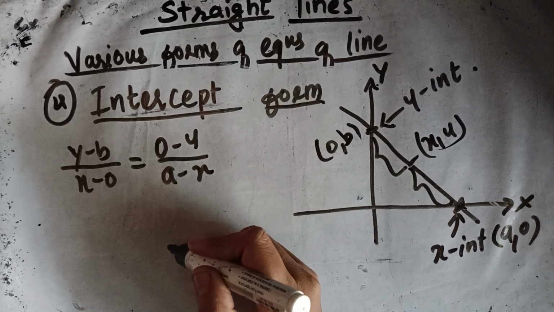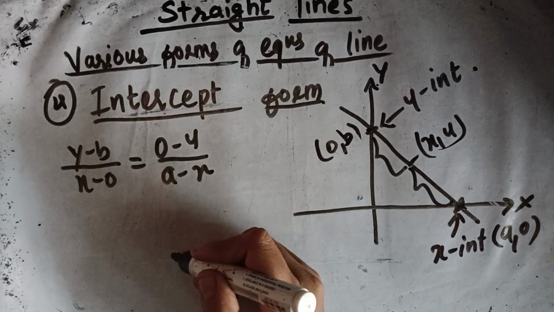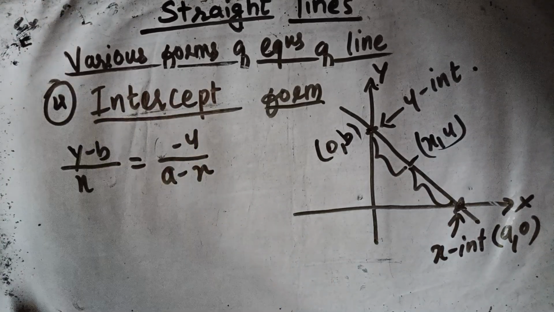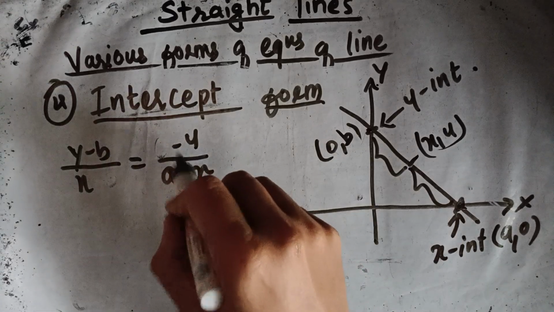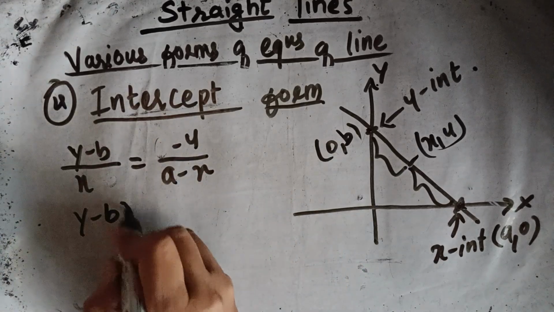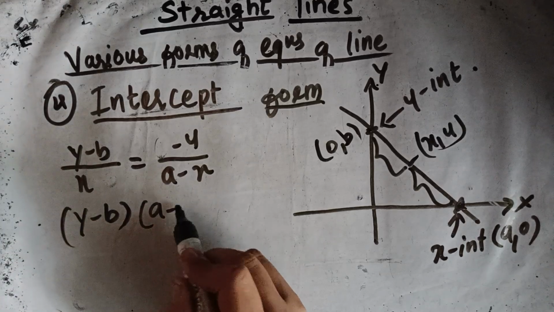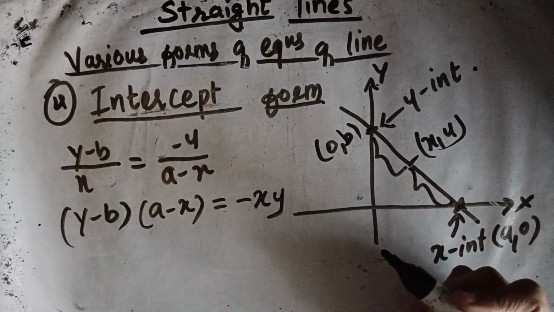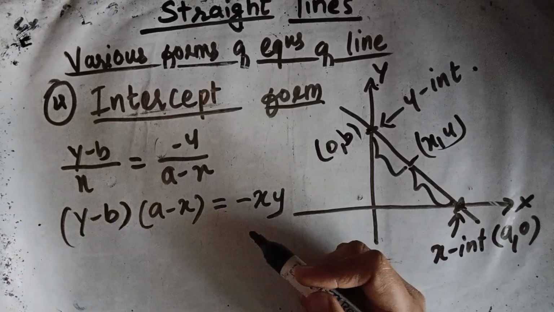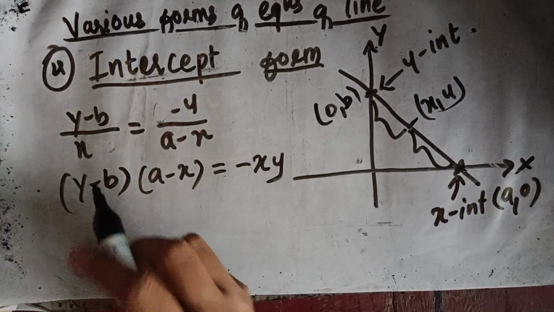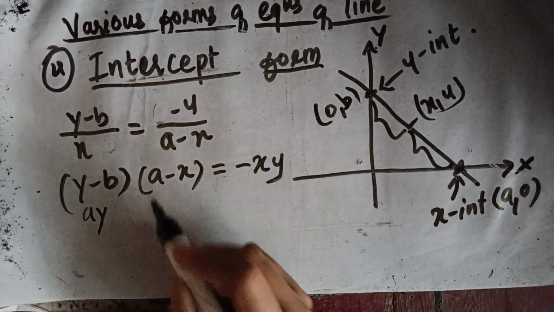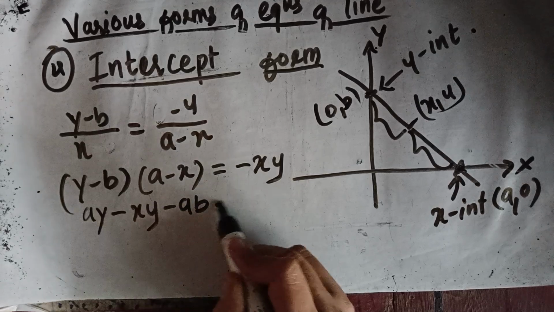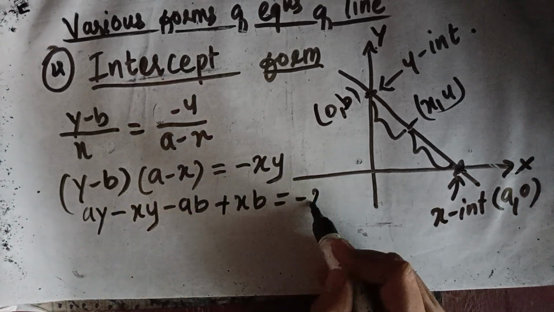So this is your minus y, this is x. You can write (y minus b)(a minus x) equal to minus xy. Multiplying, you will get ay minus xy minus ab plus xb equal to minus xy.